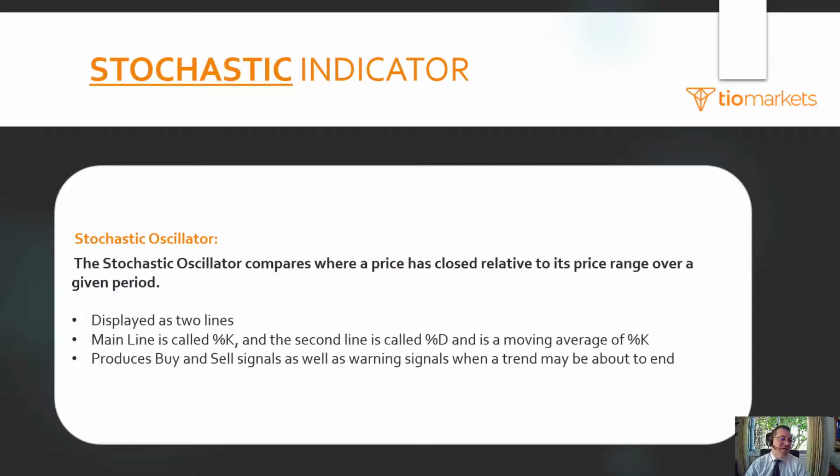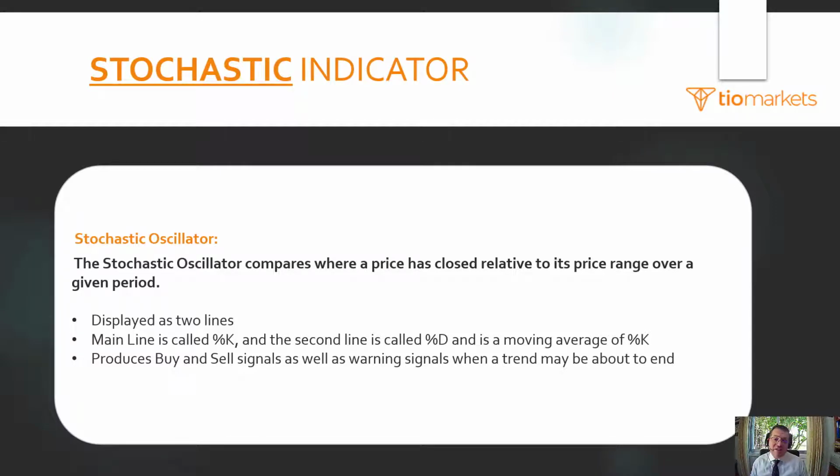A stochastic indicator is an oscillator, and what that means is it oscillates, it goes between an extreme low to an extreme high, and it helps us measure where today's price closed relative to the closing prices or values over a particular period.